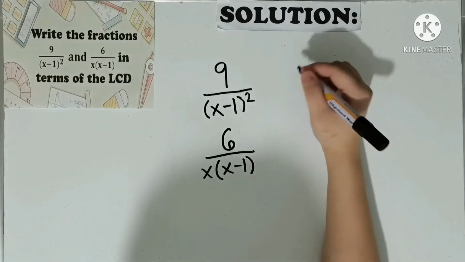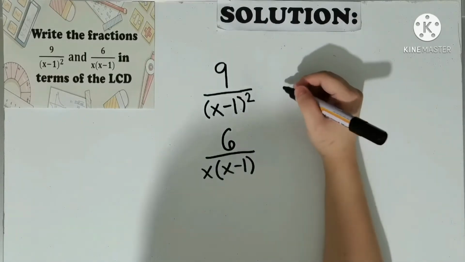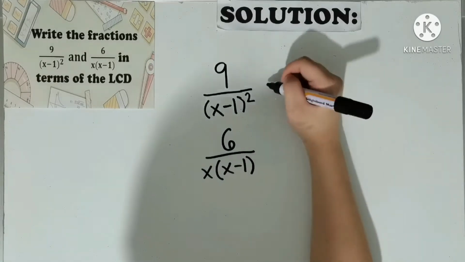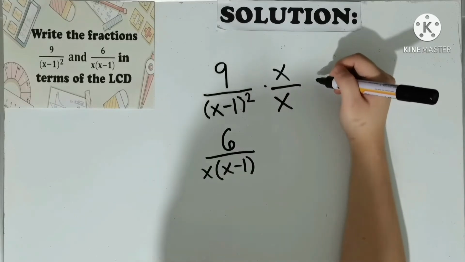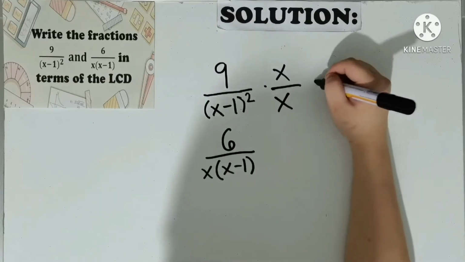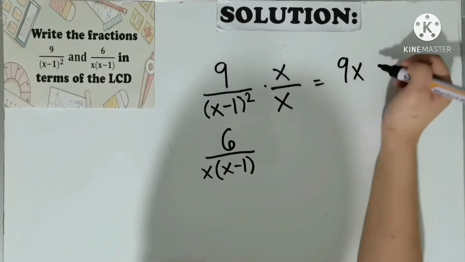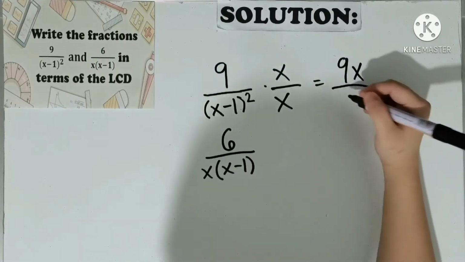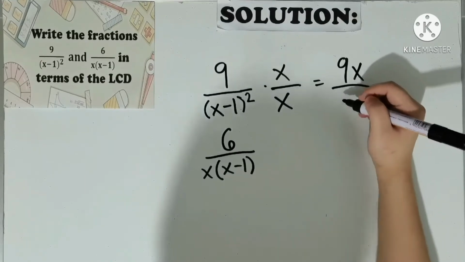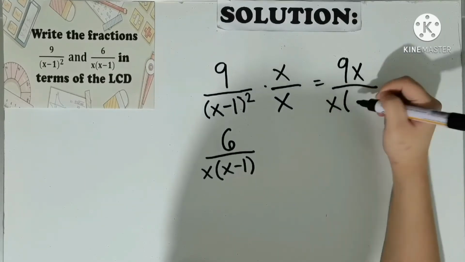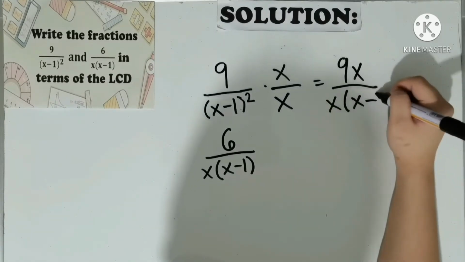Let's multiply 9 over the quantity x minus 1 squared by x over x. 9 times x is equal to 9x, and the quantity x minus 1 squared times x is equal to x multiplied by the quantity x minus 1 squared.